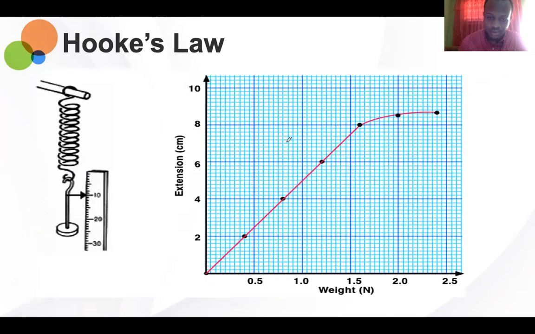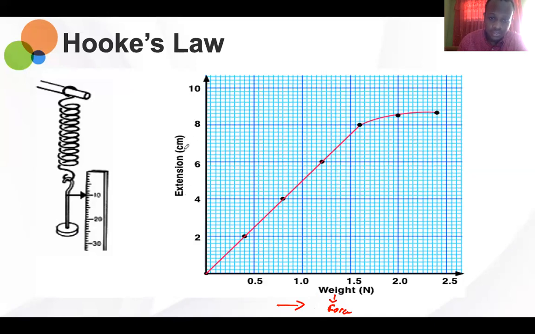So we go back. We've got a graph here, right? And this is our force or weight, right? So it increases in this direction. This is also called force. Force is the same thing as weight, or weight is a type of force, right? And when it increases, what happens to the extension? Right?